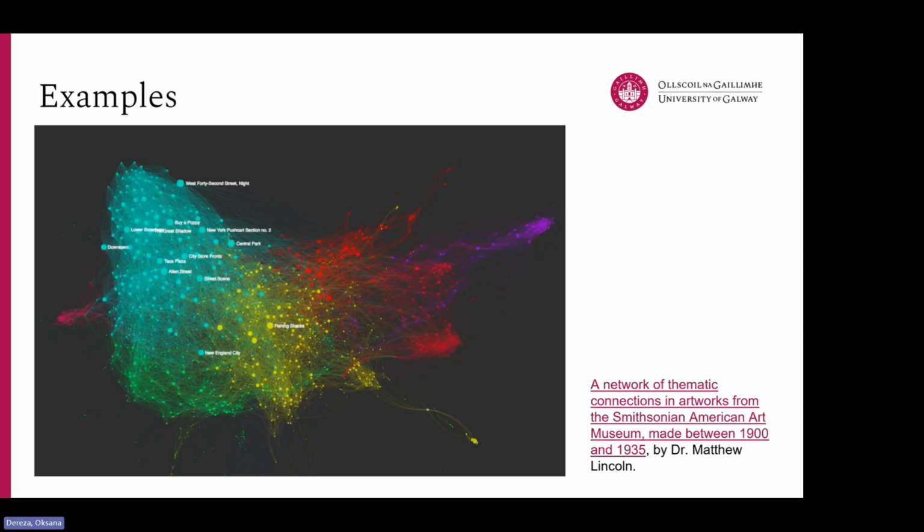It's one example. Another example is a network of thematic connections in artworks from the Smithsonian American Art Museum, made in a particular time period by Matthew Lincoln, on his own website. Here he used the metadata available on the digital collections of the museum and drew connections between items that have basically the same keywords in their description.